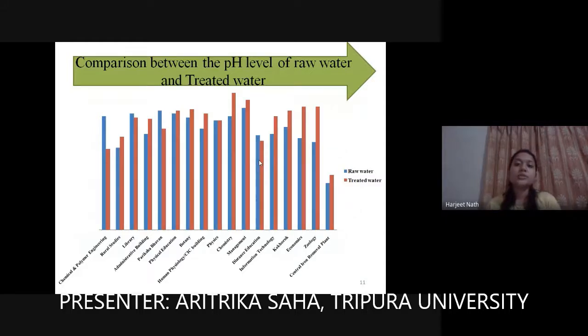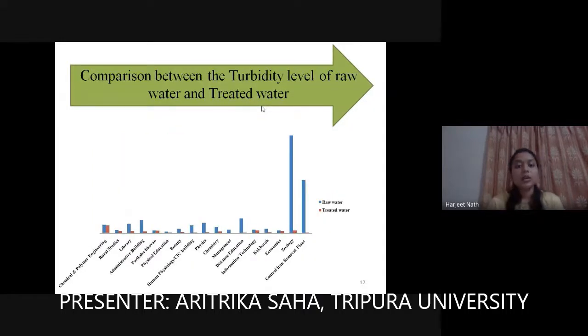This is the comparison between the pH level of raw water and the treated water. After filtration, the pH level is mostly decreased. But if you take the example of the Chemistry Department, after filtration the pH of the water is increased. That we can say the water purifier cannot work properly in this department.